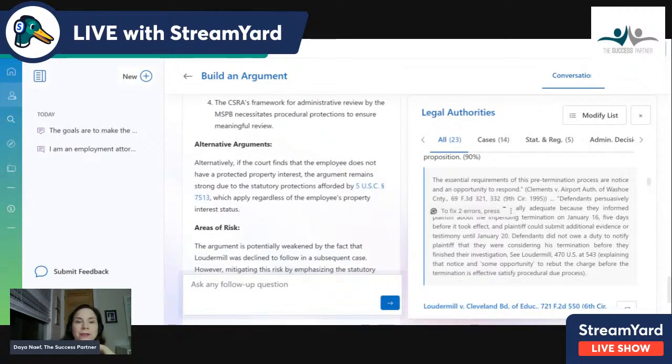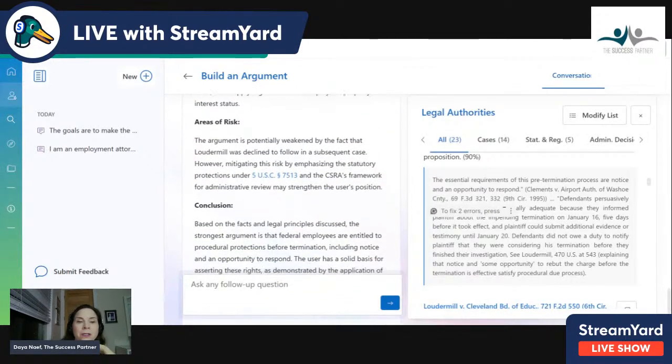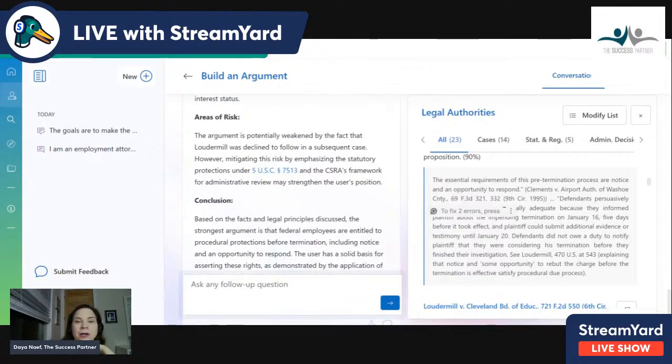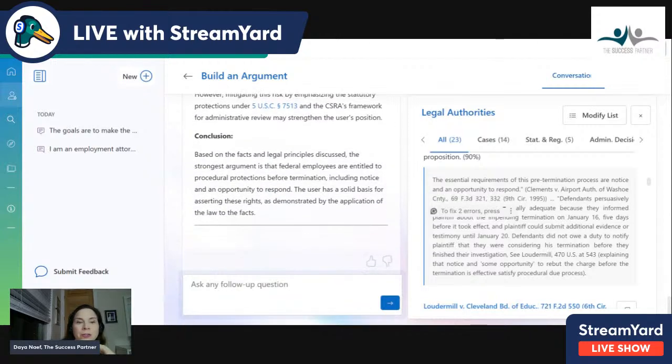Alternative arguments. If not a protected property interest, the argument remains strong due to the statutory protections. Areas at risk, weakened by the fact that Loudermill was declined to follow in a subsequent case, but mitigating risk, etc. So here's our conclusion.